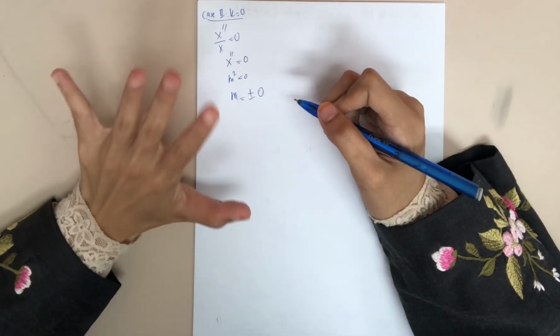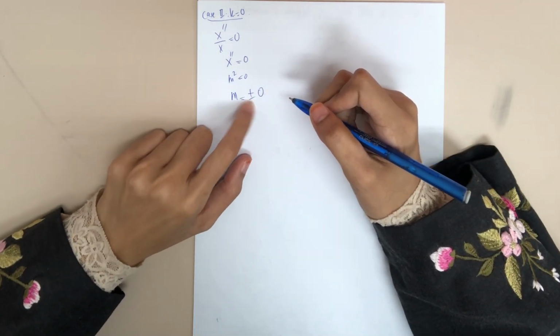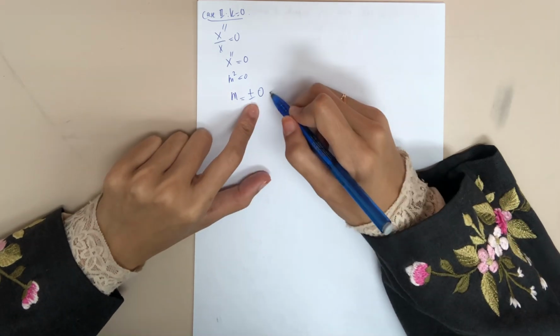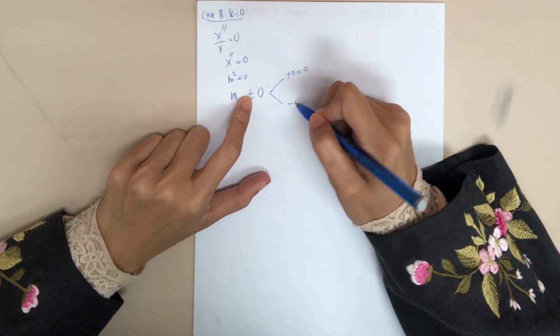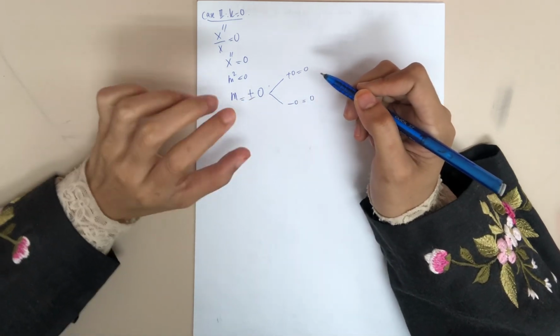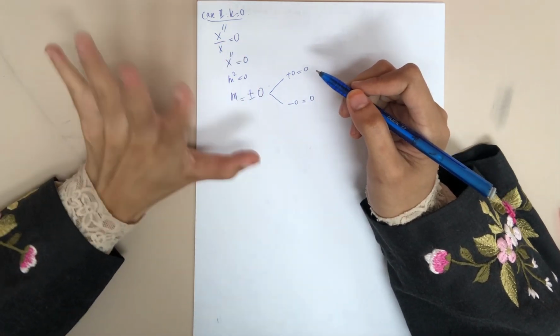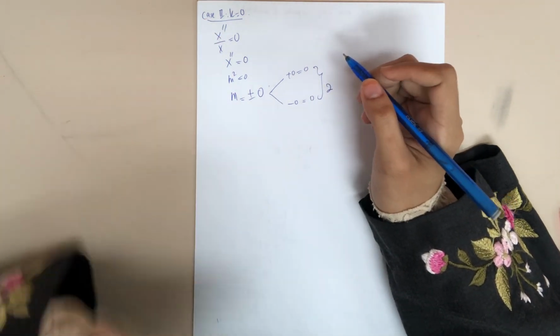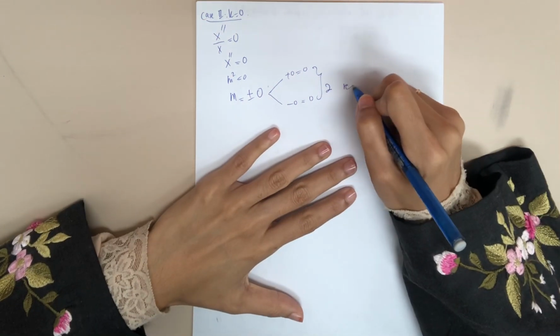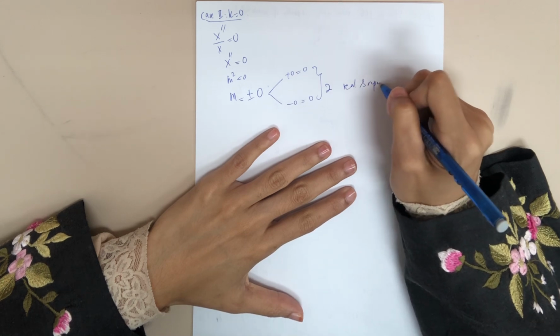Okay, class, be careful here. Even though plus 0 is equal to 0 and negative 0 is also equal to 0, you cannot consider it as one. You need to consider this as two numbers. So this is real and repeated roots.